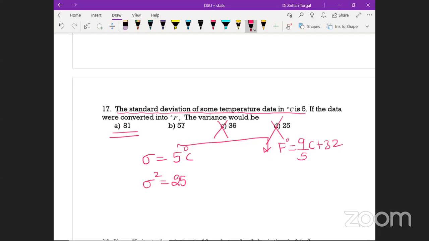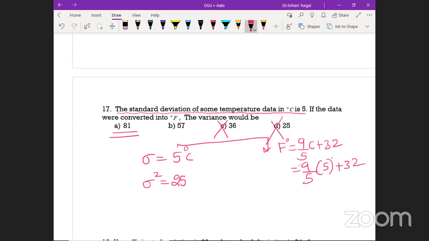I think all of you know this formula, right? F minus 32 is there. Let me replace this C by 5 plus 32. Okay, 5 and 5 get cancelled.